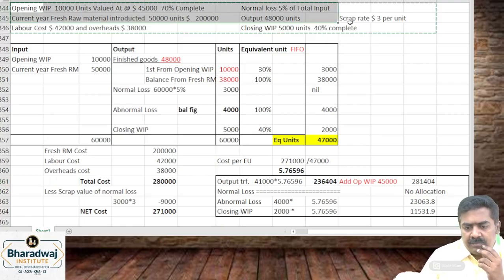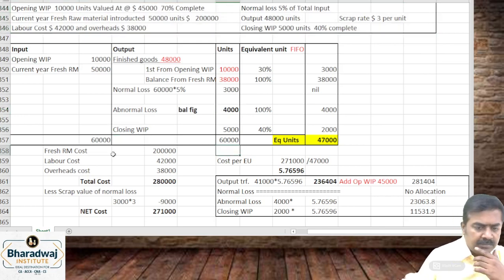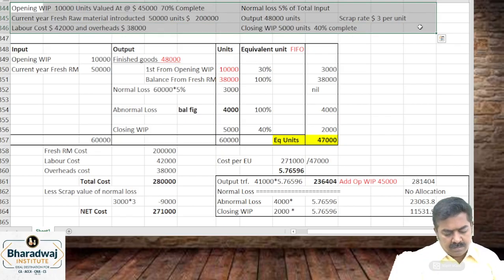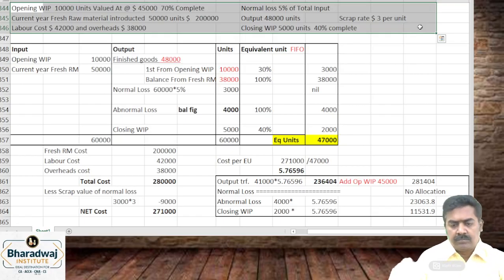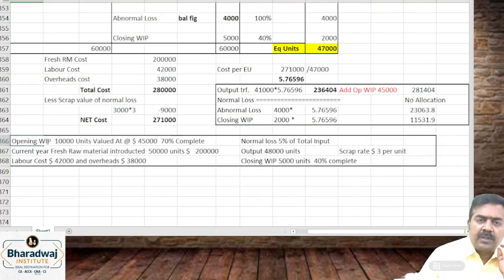We will go with the question based on abnormal gain.